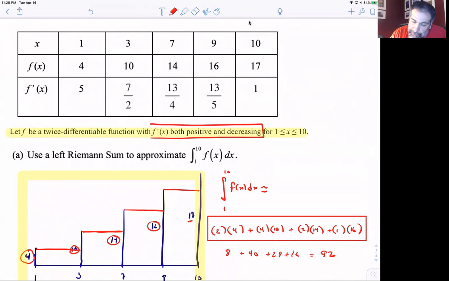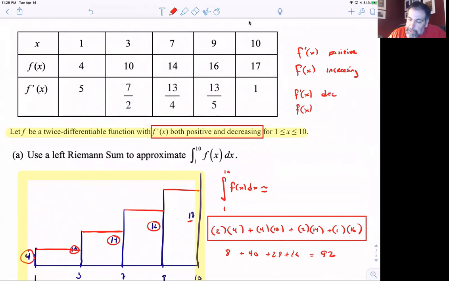We're told that f prime of x is positive and f prime of x is decreasing. Well, if f prime of x is positive, that's just another way of saying our function is increasing. And if we're told that f prime of x is decreasing, that's just another way of saying our function is concave down.